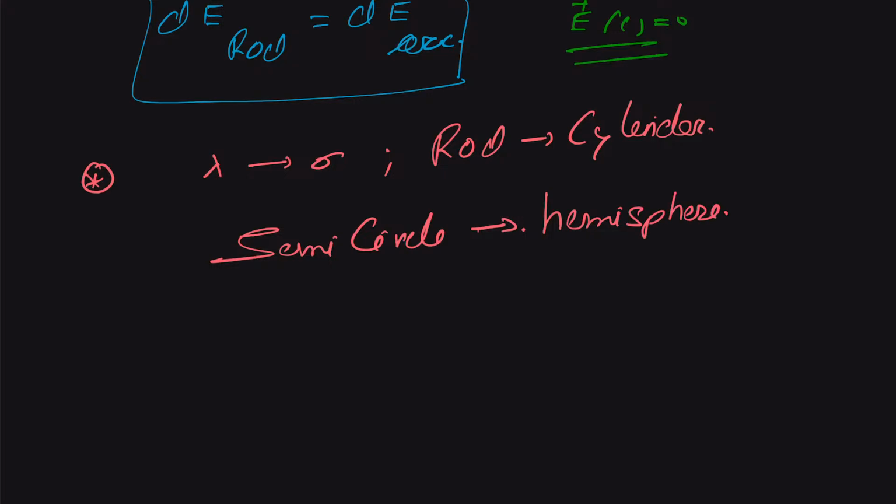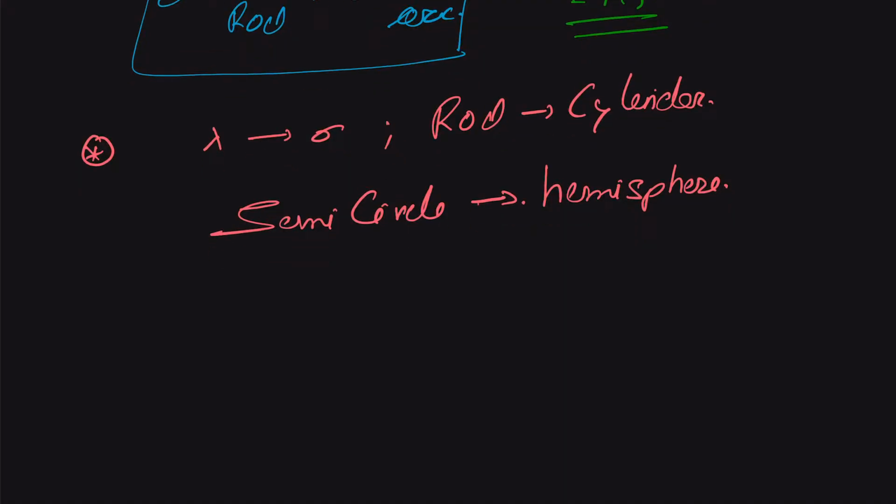So this is the analogy between the two, and C is the center of the hemisphere. Okay, so we have to remember this point C is our center of the hemisphere.